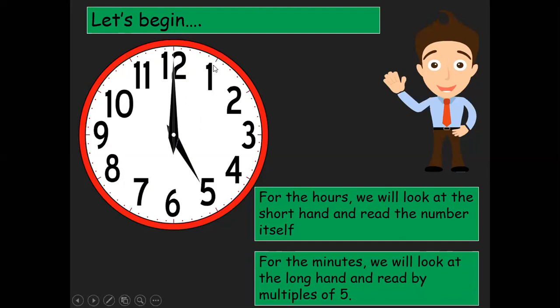So from 1, we're going to read this as 5 minutes. So 5, 10, 15, 20, 25, 30, 35, 40, 45, 50, 55, 60. But remember that we don't use 60 in writing the time. Instead of 60, we are going to use 00. So this time is 5 o'clock.